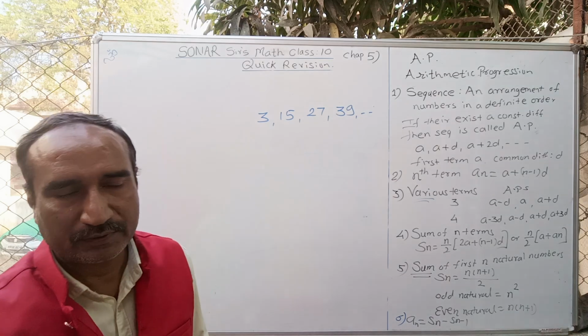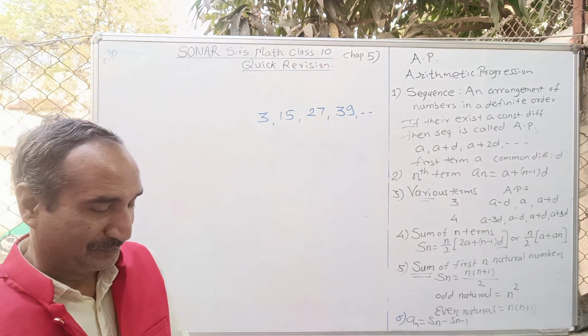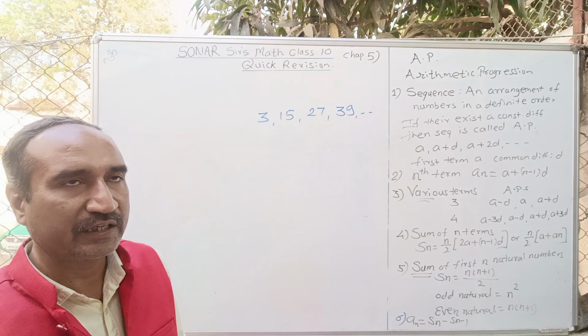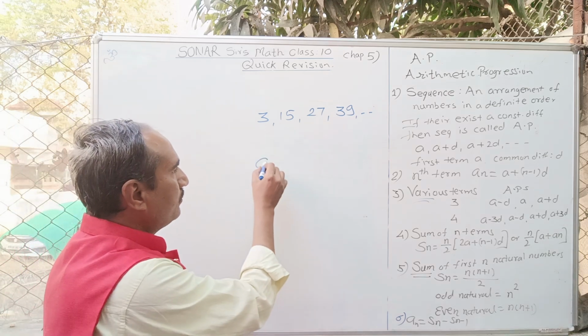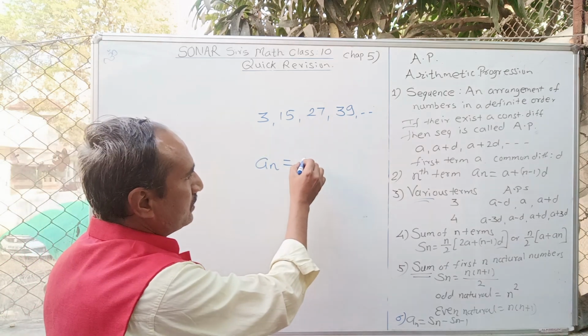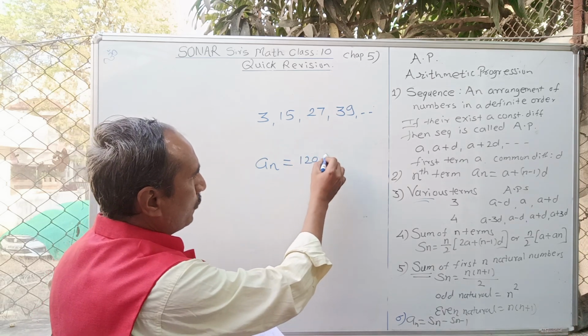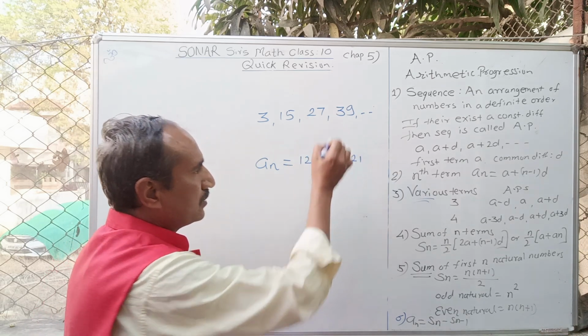This is an AP. Which term of the AP will be 120 more than its 21st term? We don't know that term, and it is 120 more than its 21st term.